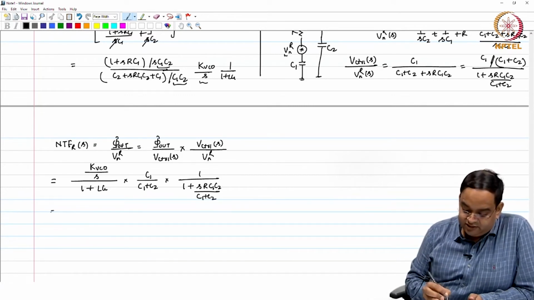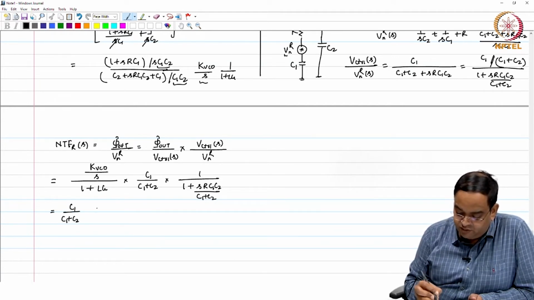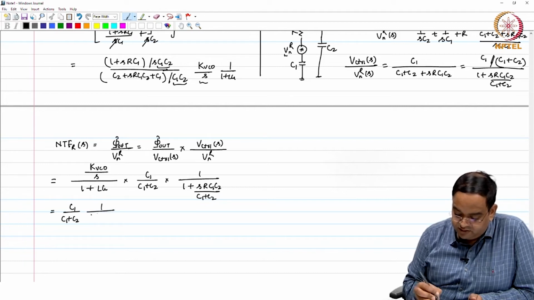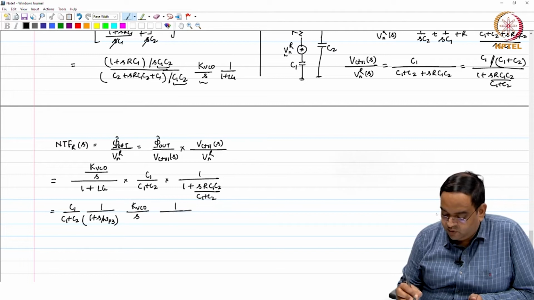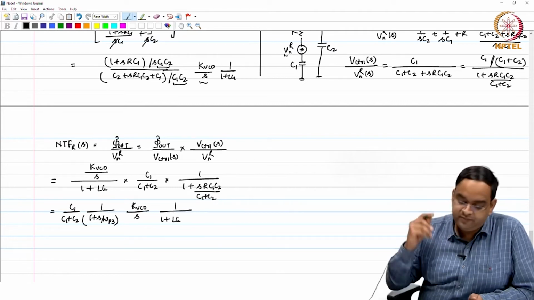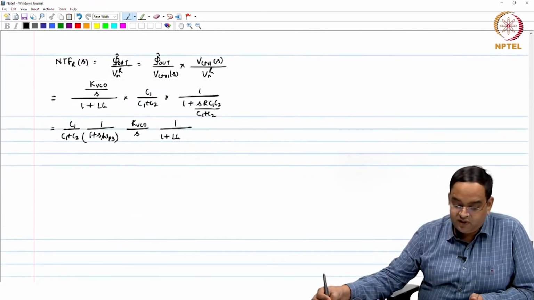So I can just write it like this: C1 by C1 plus C2, into 1 plus S by omega P3, which we have been using, KVCO over S into 1 by 1 plus loop gain. That is the NTF of the resistor.